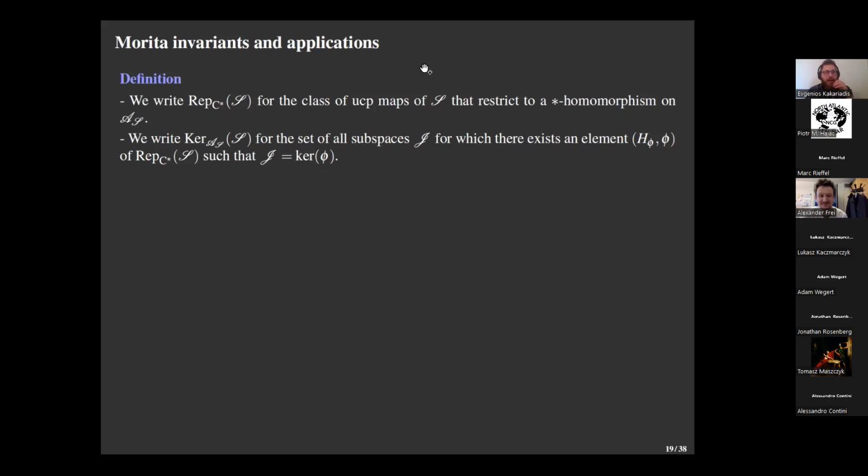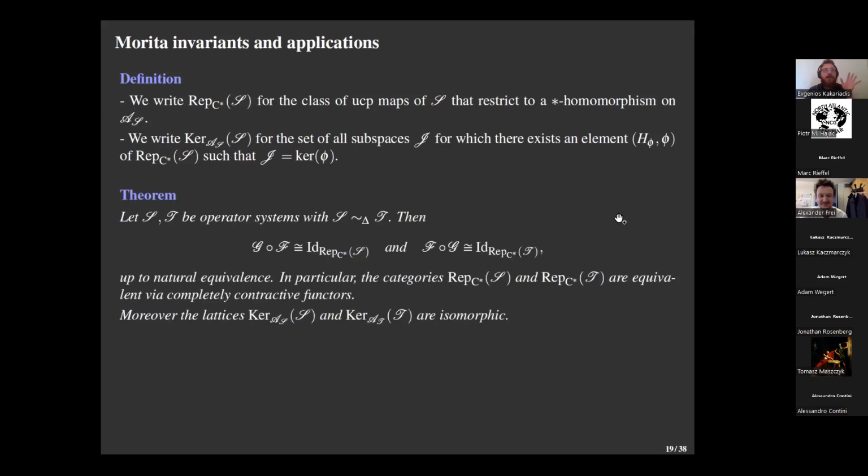Okay, and also we take the kernel of S with respect to AS to be the set of the subspaces that can be realized as kernels of these UCP maps. And the same trick with this, I really like this trick by taking the M tensor when M is a TRO, M tensor Hilbert space.